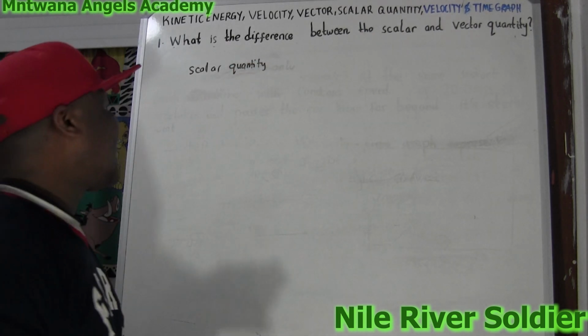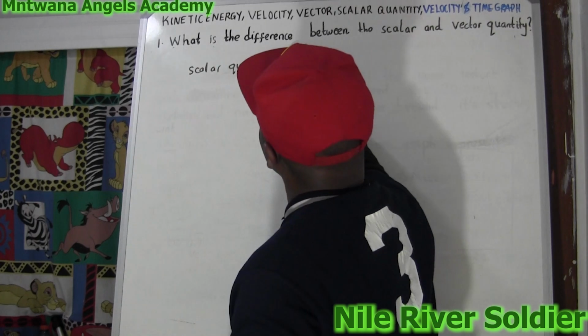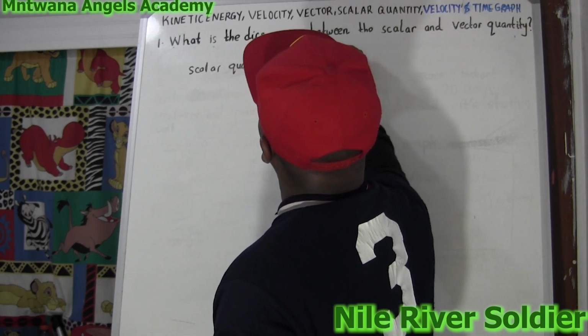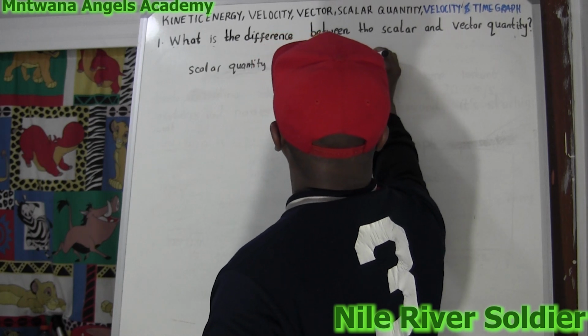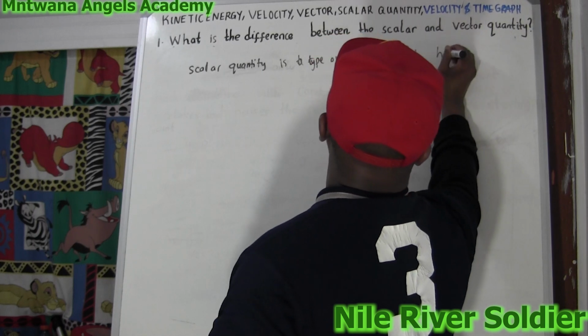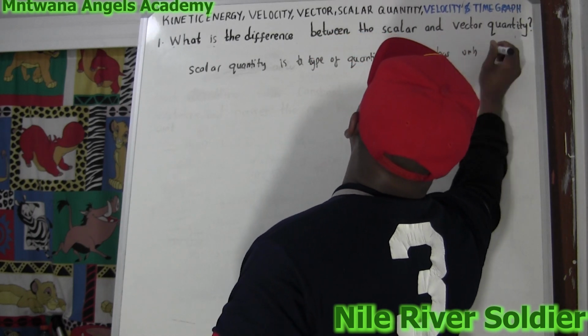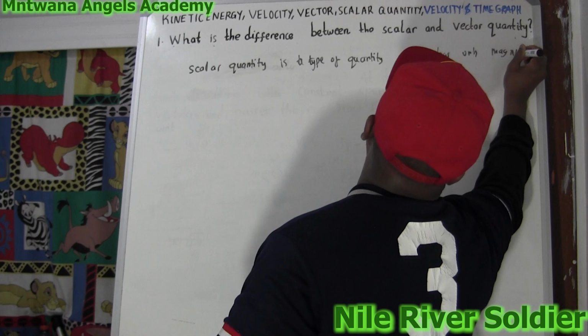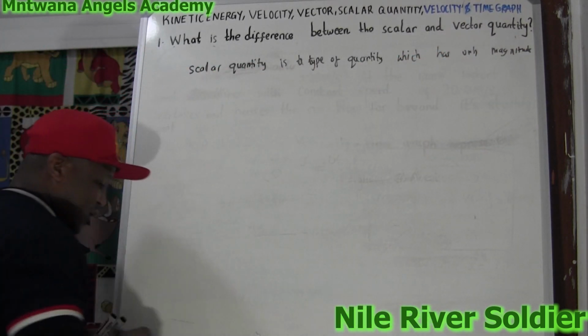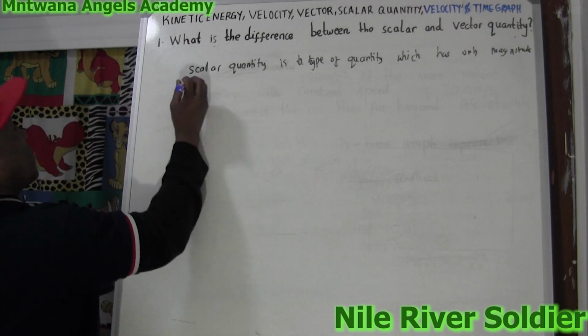A scalar quantity is a type of quantity which has only magnitude, but not direction.